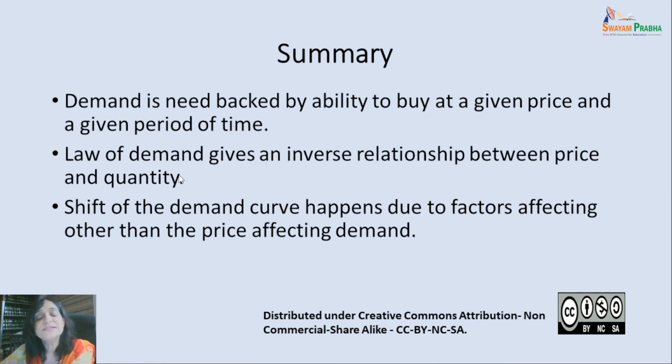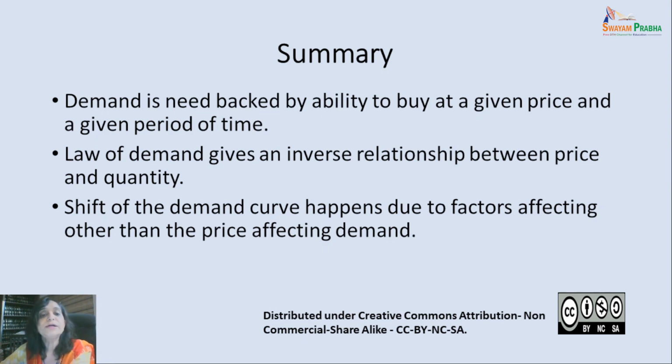This happens, we have seen, because of the substitution effect, the income effect, and the law of diminishing marginal utility. Then we saw the determinants, or the reasons, why the demand curve may shift. We differentiated between movement of the demand curve and shift of the demand curve.